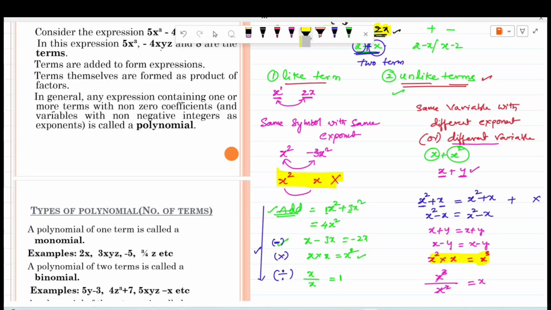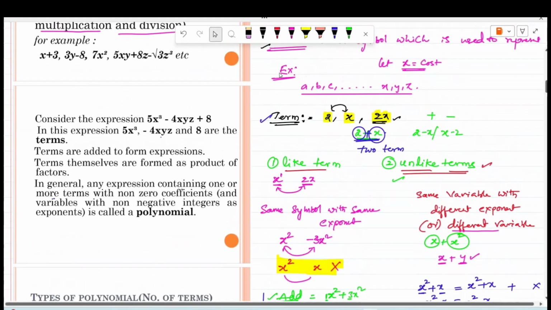It means that in unlike terms, multiplication is possible and division is also possible. But what is not possible? Addition is not possible, subtraction is also not possible. I hope you understand. So let us come back to the definition again.